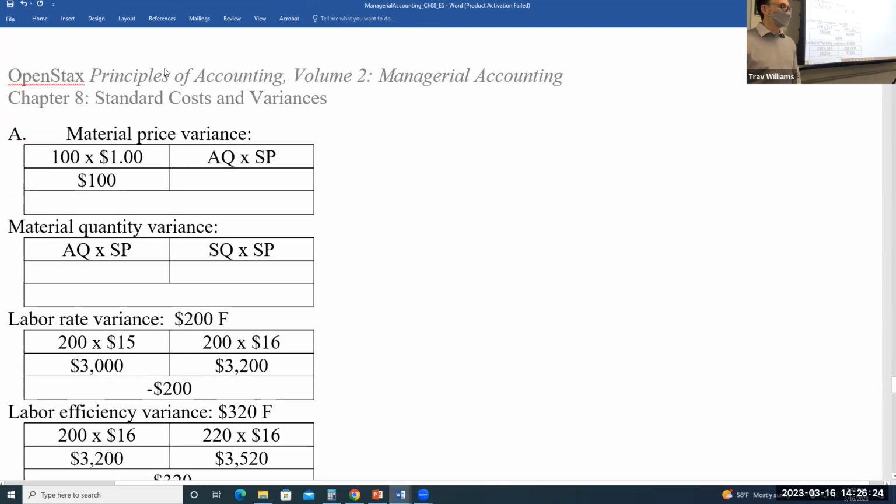Okay, so for number 13, actual quantity times 90 cents is $90, which gives us a $10 unfavorable variance.